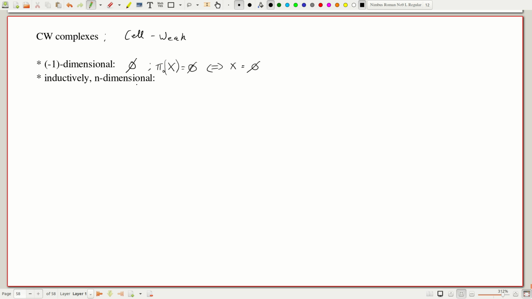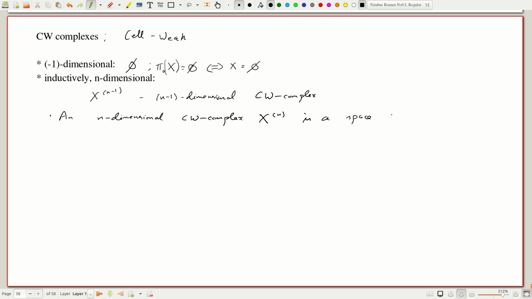Okay, so inductively we'll define n dimensional. So suppose X_{n-1} is an (n-1)-dimensional CW complex. Okay, so then an n-dimensional CW complex, let's call it X^n, is any space obtained by attaching a collection of n-cells to X_{n-1}, for some X_{n-1} as above.